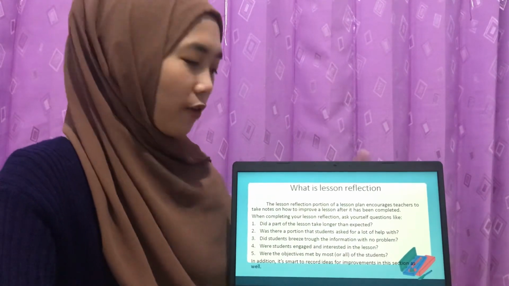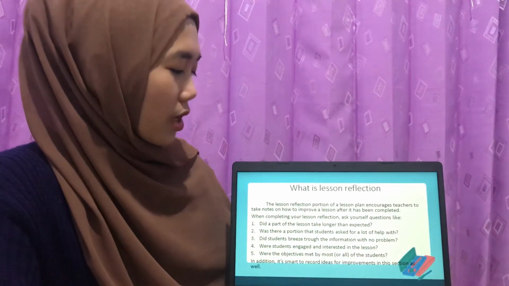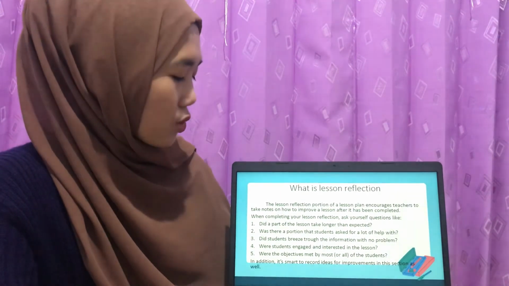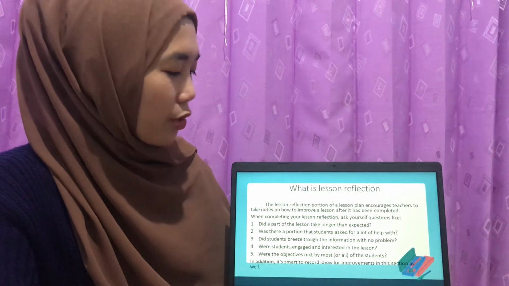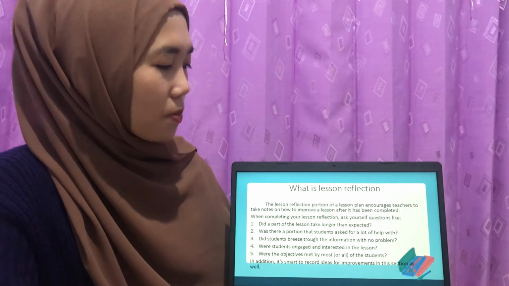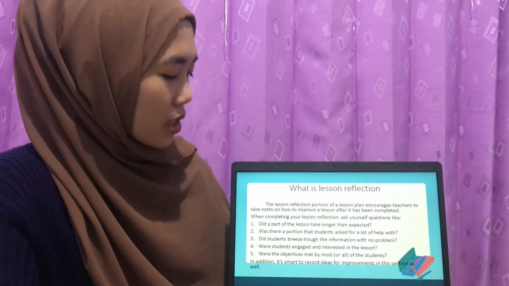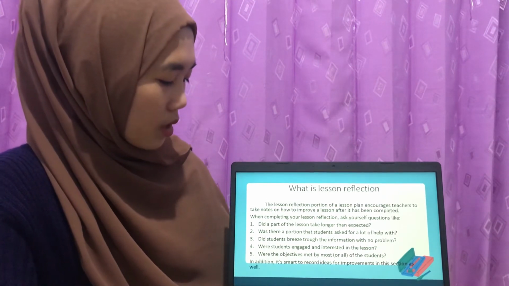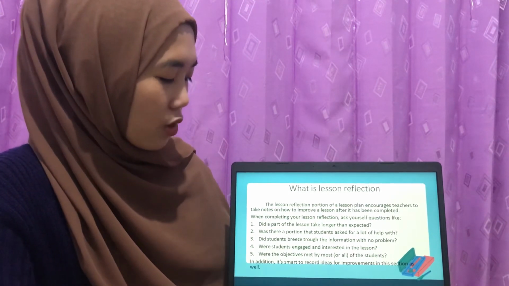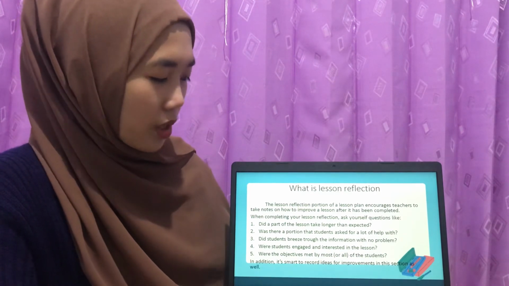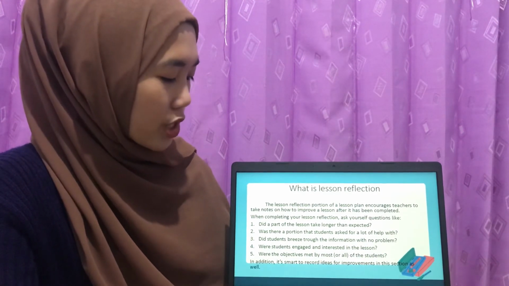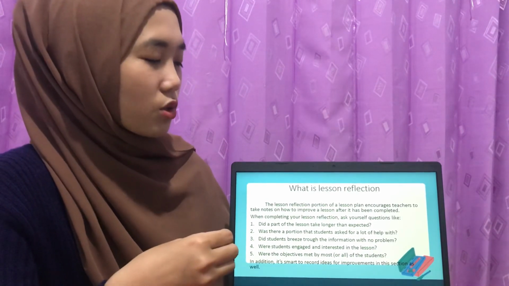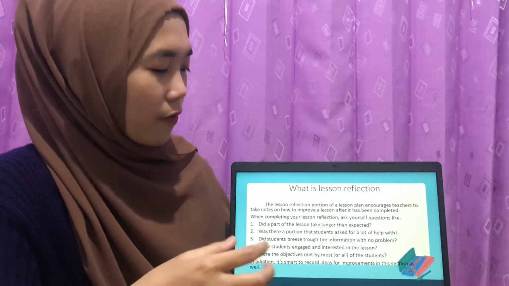What is lesson reflection? The lesson reflection portion of a lesson plan encourages teachers to take notes on how to improve a lesson after it has been completed. When completing your lesson reflection, ask yourself questions like, did a part of the lesson take longer than expected? Was there a portion that students asked for a lot of help with?